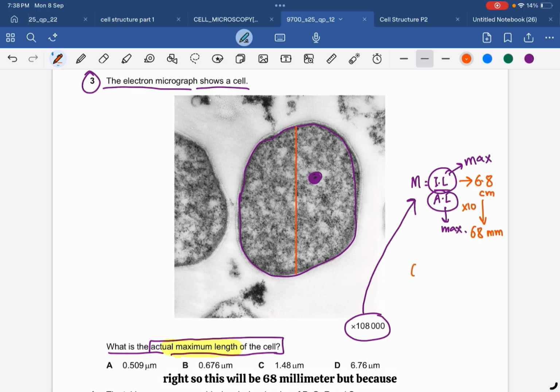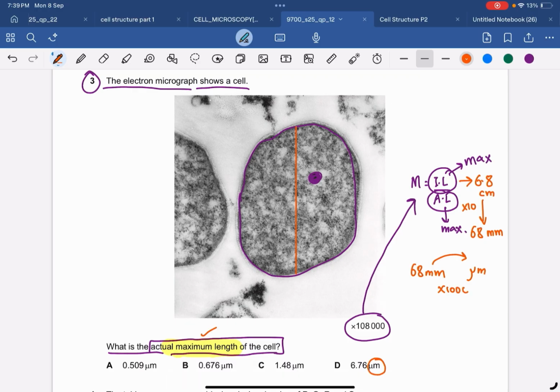So this will be 68 millimeters. But because the actual maximum length in the answer is given in micrometers, you are going to convert this millimeter into micrometer by multiplying 68 by 1000, right? So you will have 68000 as the image length.